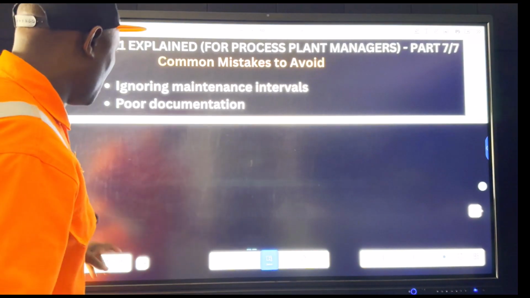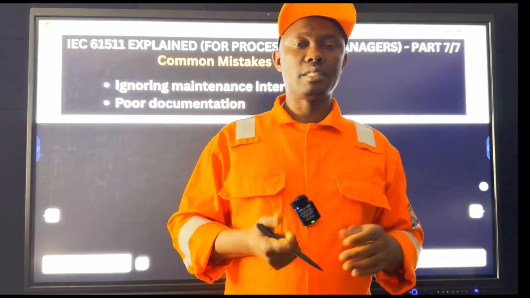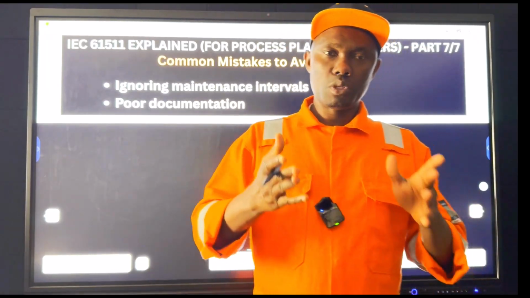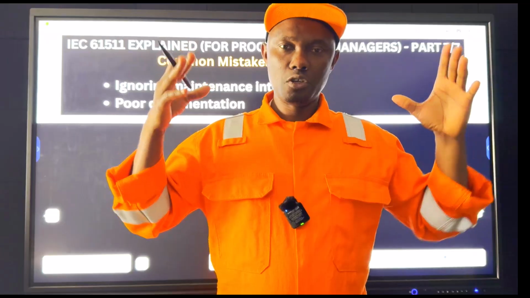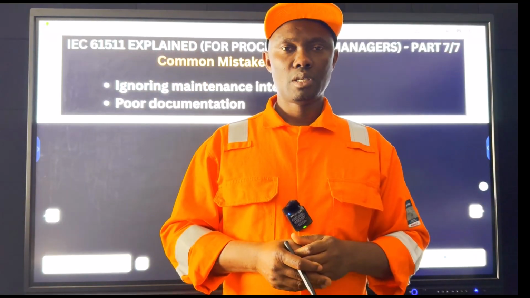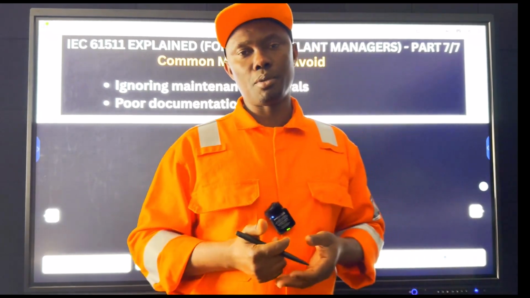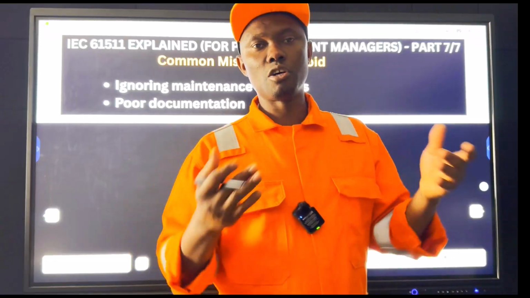Another common mistake is poor documentation. Most companies think their documents are all right, but sometimes when we look at the documentation, we see a lot of loopholes. Another thing is some people may have modifications done, but existing documents may still not be up to date.